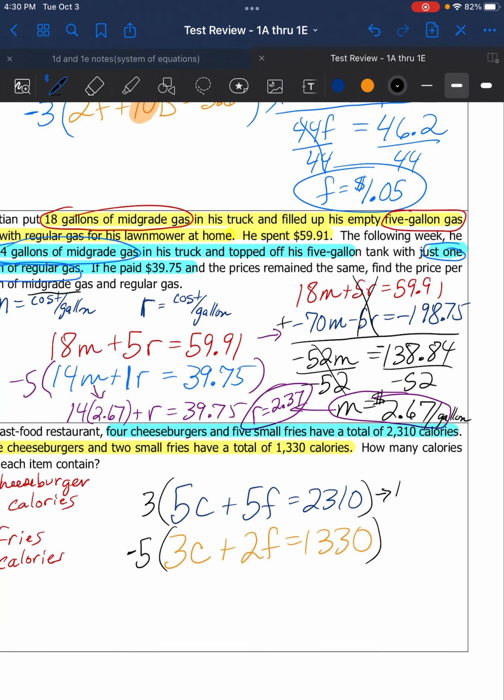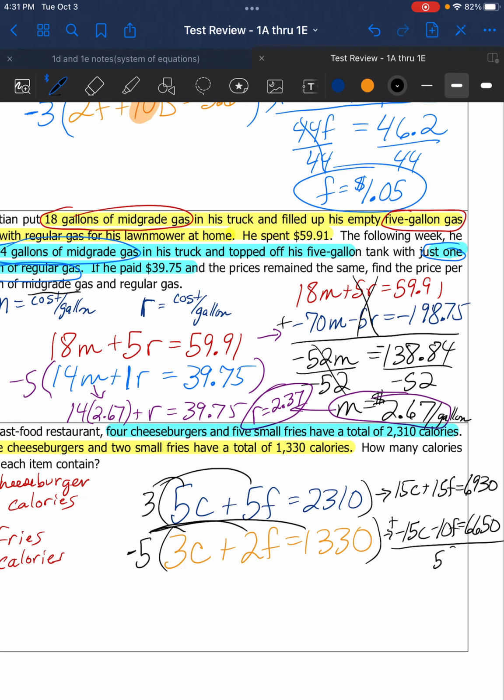I'm going to rewrite this a lot smaller. So I have 15C plus 15F equals 2310 times 3, 6930. Oh, that'd be a rough day. Negative 5 times 3C is negative 15C. Negative 5 times 2F is negative 10F. Negative 5 times 1330 is 6,650.